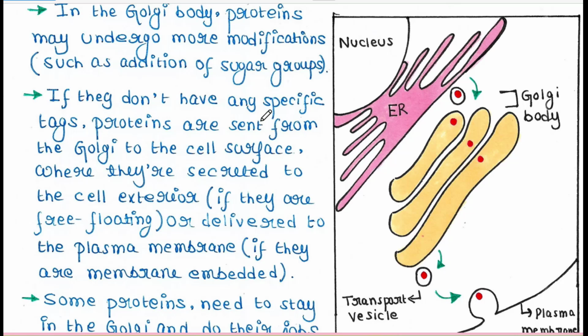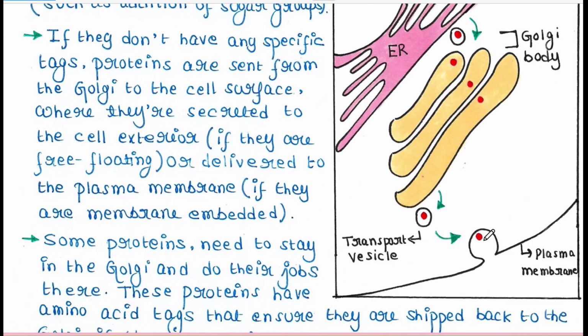If they don't have any specific tags, proteins are sent from the Golgi to the cell surface, that is the plasma membrane, where they are secreted to the cell exterior, just like this. If they are free floating, then they are secreted to the cell exterior, or they are delivered to the plasma membrane if they are membrane embedded.